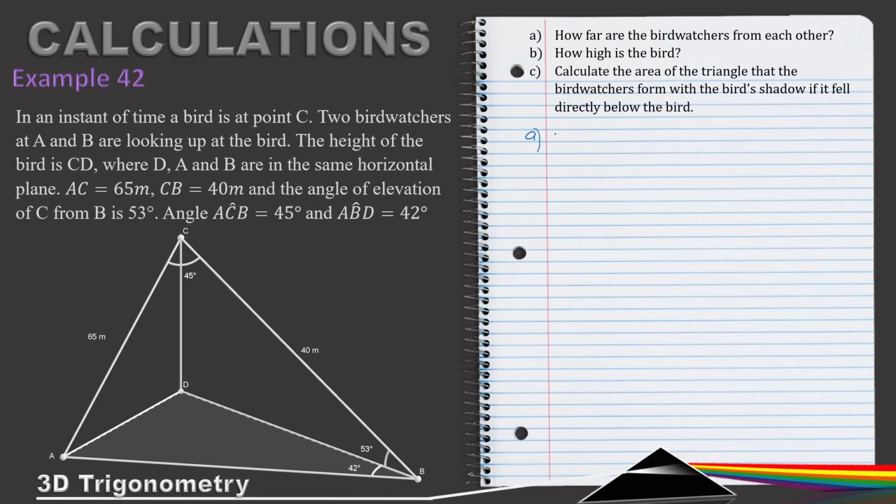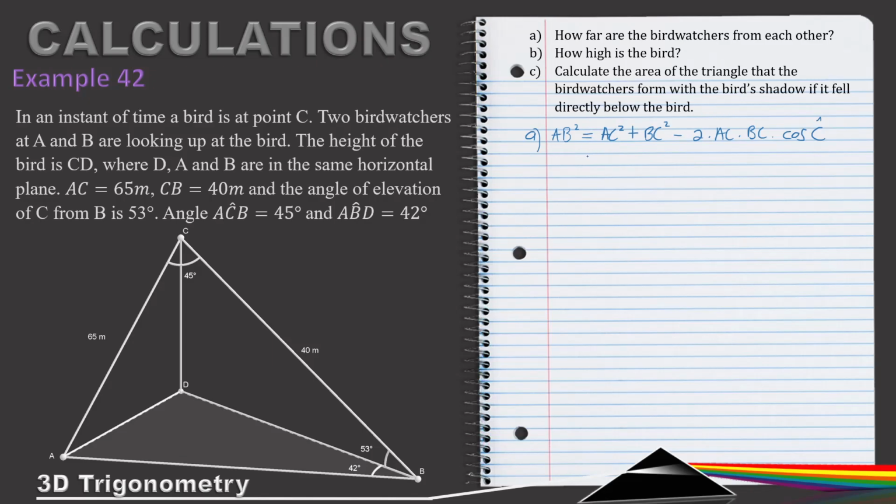It starts with AB squared, which is equal to AC squared plus BC squared minus 2 times AC times BC times cos of this angle C.